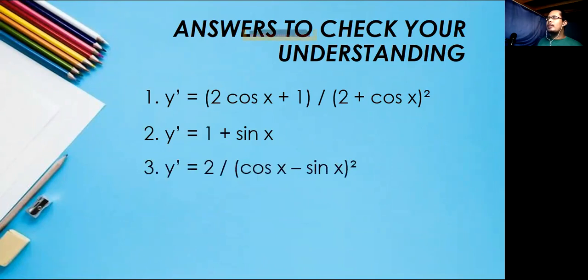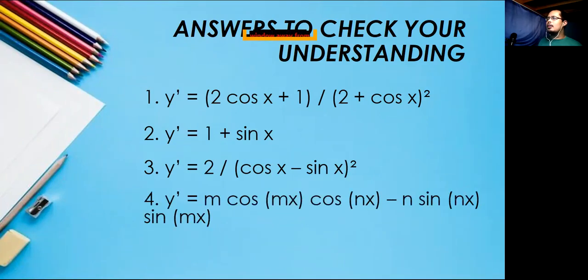For number 3, y prime is equal to 2 over cosine x minus sine of x, then squared. And for number 4, y prime is equal to m cosine of mx cosine of nx minus n sine of nx sine of mx.